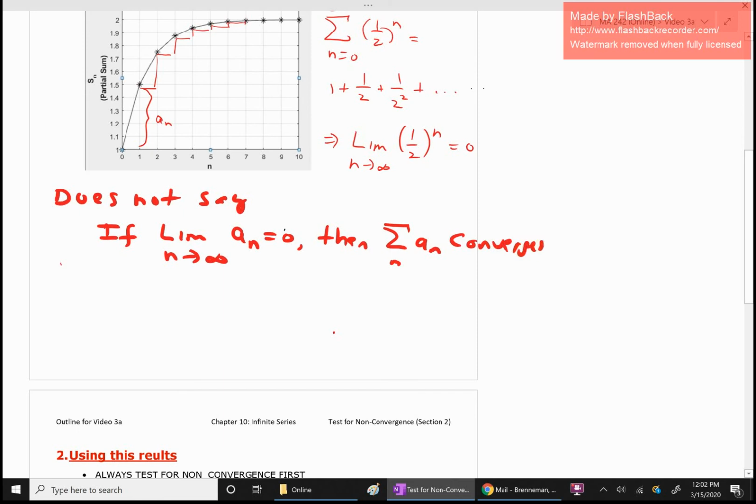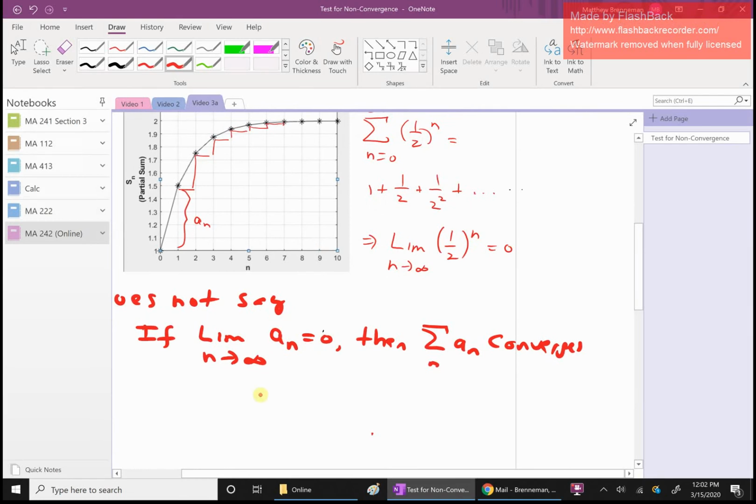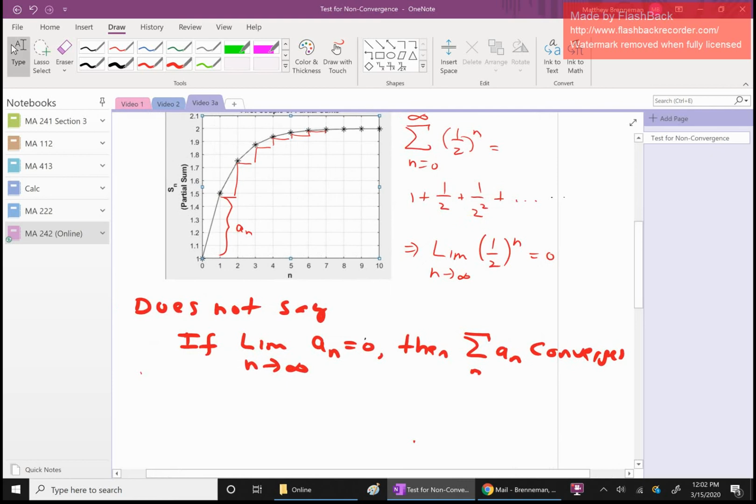So to give you an example of a situation where the limit of the terms in the sequence goes to 0, but the infinite series itself doesn't converge, there's a very famous example. This is a counterexample to this statement, you might say.